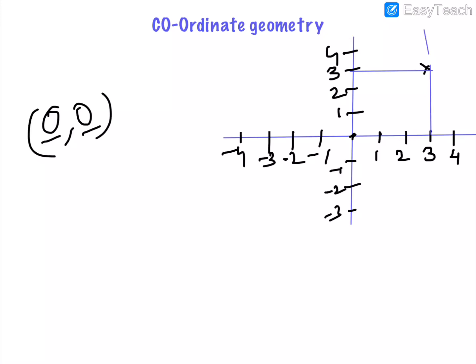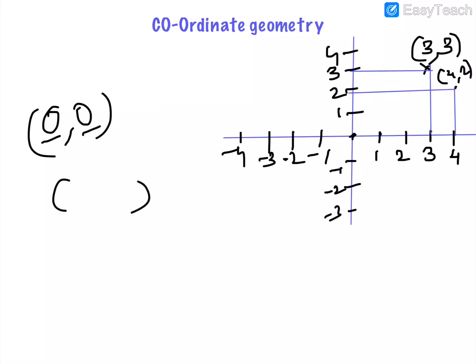So here in this case it is 3 on x-axis and on y-axis also it is 3. Now let's take another point. Again, which point is it parallel with on x-axis? 4. And what is the point that it is coinciding with on y-axis? It is 2. So we can write this as 4 comma 2.